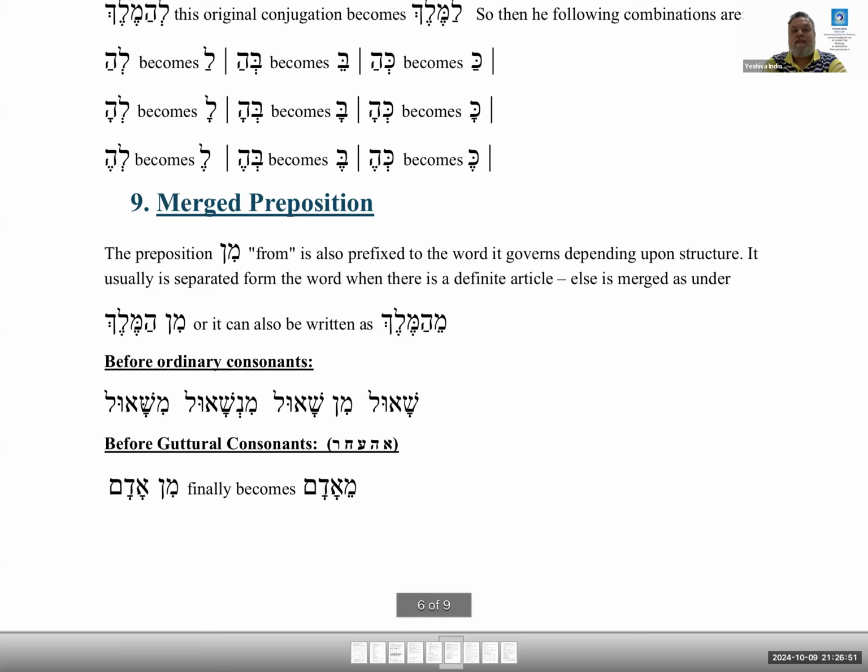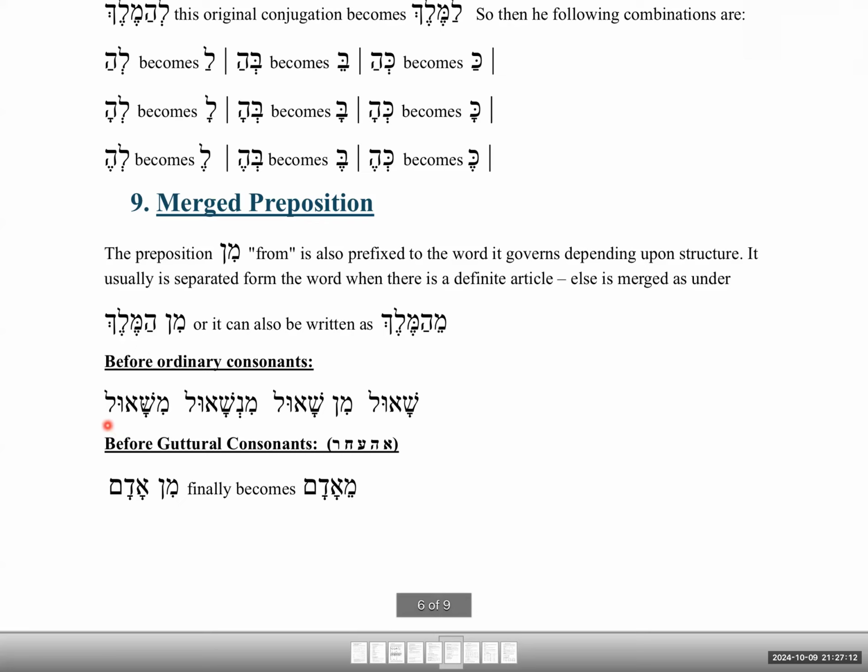I'm showing you the entire steps of how it's conjugated. The word shaul, you add the preposition min shaul, then the construct form min shaul, which is reduced to mishaul.